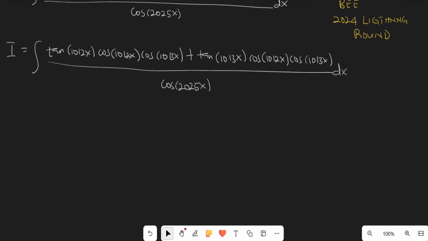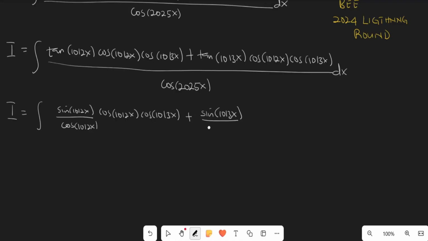So we know that tan is sine over cosine, right? So this is the integral of tangent of 1012x, which can be written as sine of 1012x divided by the cosine of 1012x, which is multiplied by the cosine of 1012x and the cosine of 1013x, plus tangent of 1013x can be written as the sine of 1013x divided by the cosine of 1013x multiplied by the cosine of 1012x and cosine of 1013x.